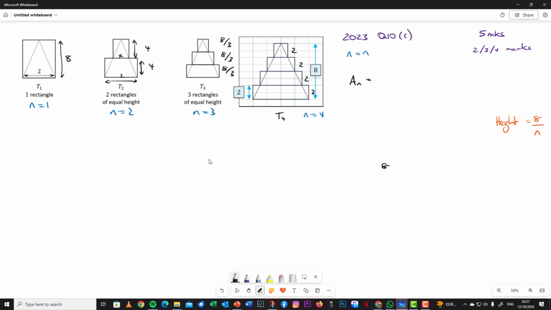So 8 over 2 is equal to, in the little triangle, the height is 4, and the width or base is x. So 8x equals 8, x equals 1. So let's replace this with a 1. Okay, and we'll see if there's a pattern that we can work out in terms of n for these widths, but we'll just do a little bit more work first.